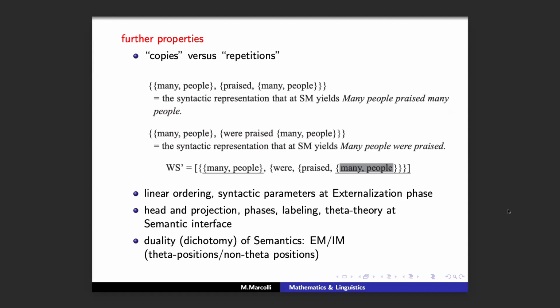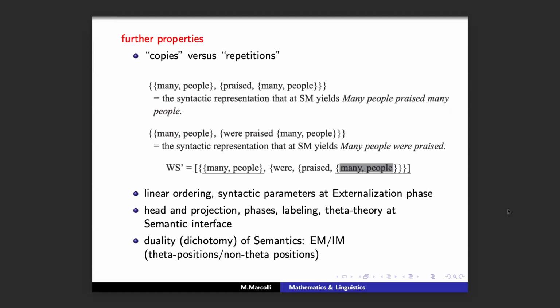And then of course the other aspects of the model are the language-specific assigning of linear orderings, depending on syntactic parameters of various languages, and these other things that I talked about: phases, labeling, and the interface with semantics. In particular, in relation to semantics, external and internal merge play slightly different roles that I'll talk about later.